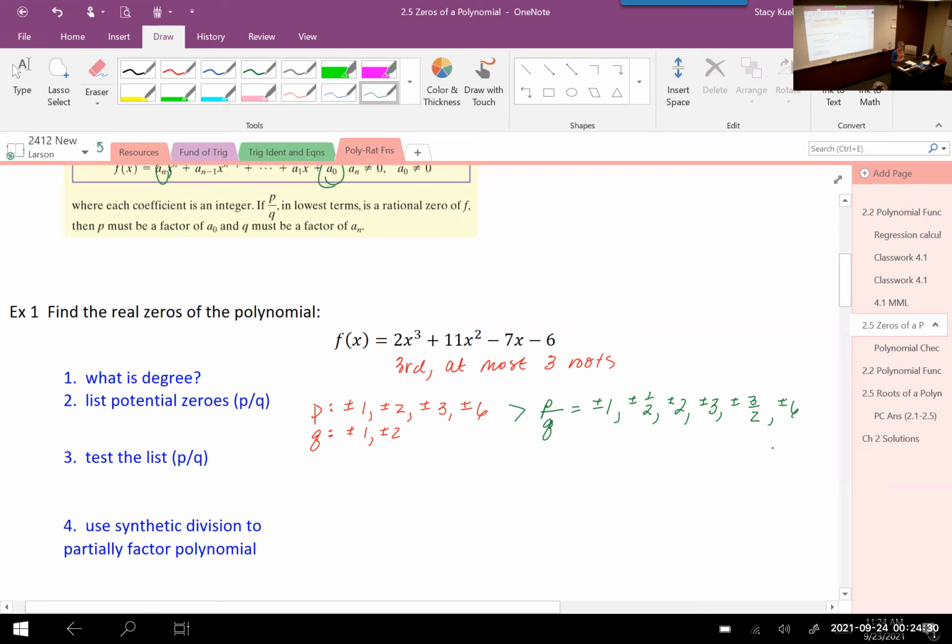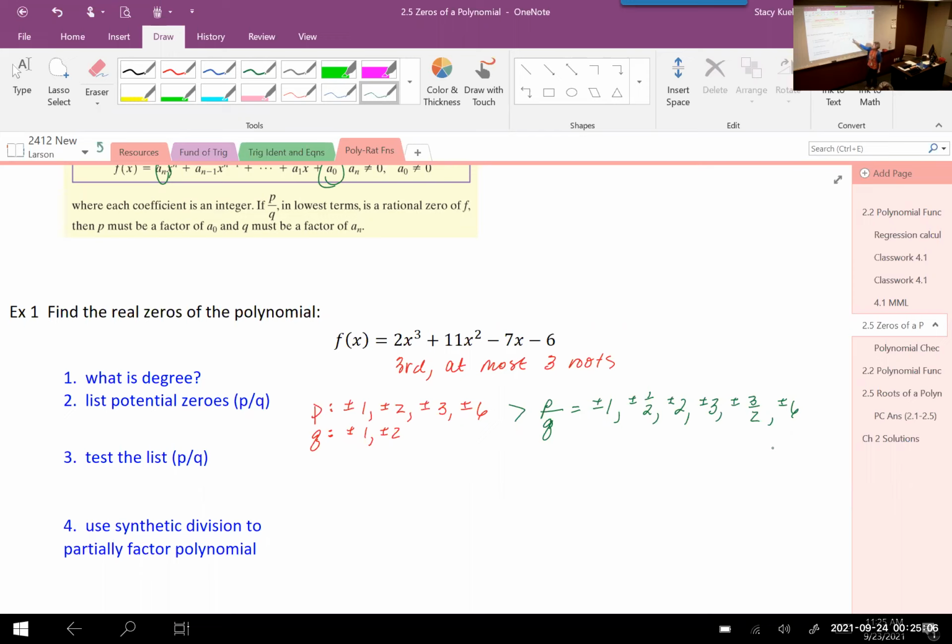So from that list right there, in the olden days, back when I used to have to do this, I would have to take each of these, 1, 2, 3, 4, 5, 6 times 2, 12 possible roots, and plug it into the function, because if it's a root, it would be a factor, right? If I plug in for x, I should get 0, right? That's what our root tells us. If I can replace it into the function and get back 0, then it will be an x-intercept, won't it?